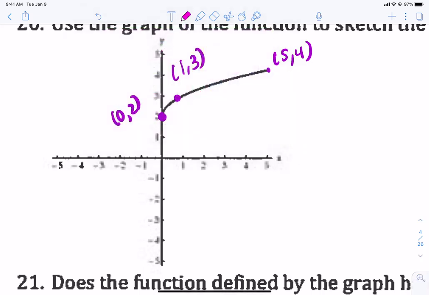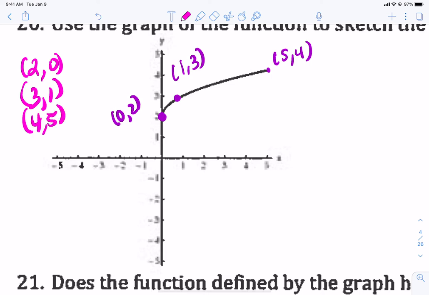Now in inverse, remember, its job is to flip the x's and y's. So if you flip-flop the x's and y's, I'm going to list them over on the side. I'm going to get 2, 0, 3, 1, and 4, 5. So now let's graph them. 2, 0, 3, 1, 4, 5.